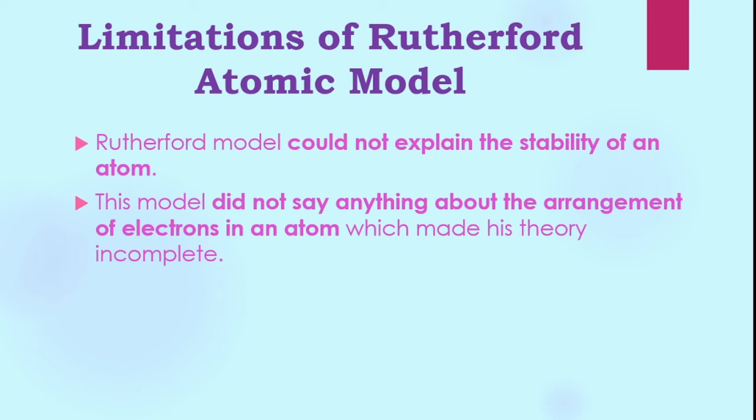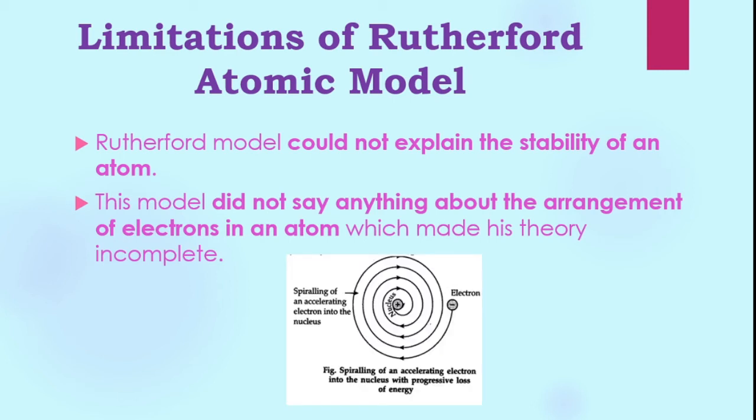This model did not say anything about the arrangement of electrons in an atom, which made this theory incomplete. Here, the location of the electron within the atom is not at all described by the Rutherford model, as if the electrons are continuous around the atom.